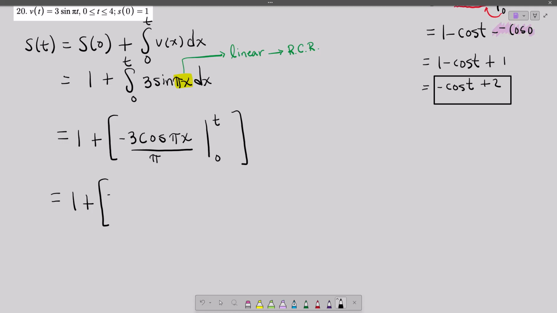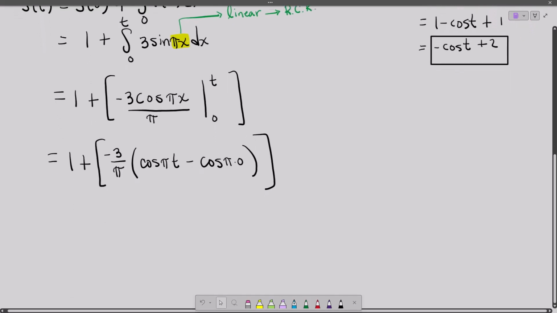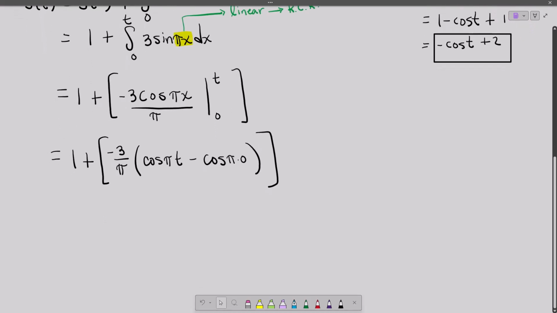We have a constant here of -3 divided by pi. So that's a constant, -3 over pi. Then we take the upper limit of integration, substitute it in for x, and subtract off what we get when we plug in the lower limit of integration, and all that's inside these big brackets. The constant stays, and then we just plug into the variable part of the antiderivative.